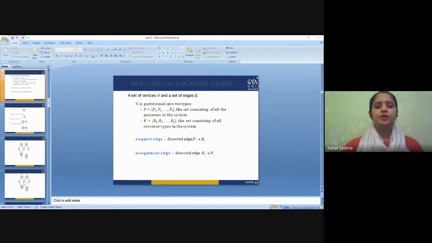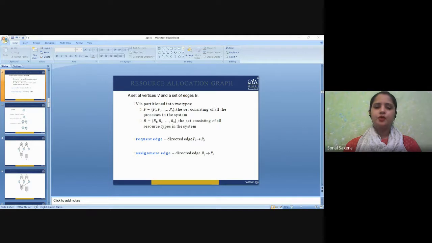A resource allocation graph is nothing but a pictorial representation of the state of a system, right? As the name suggests, it is the complete information about all the processes which are holding some resources, or waiting for some other resources. It also contains the information about all the instances of all the resources, whether they are available or being used by other processes.